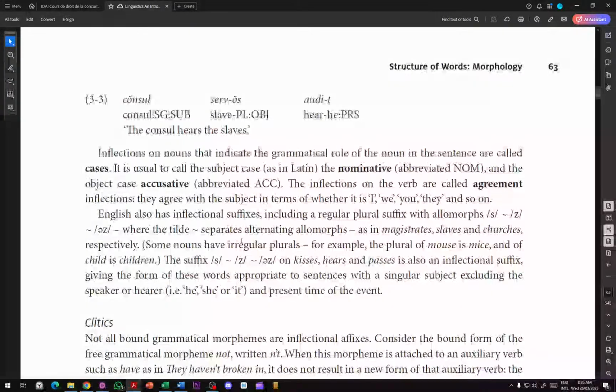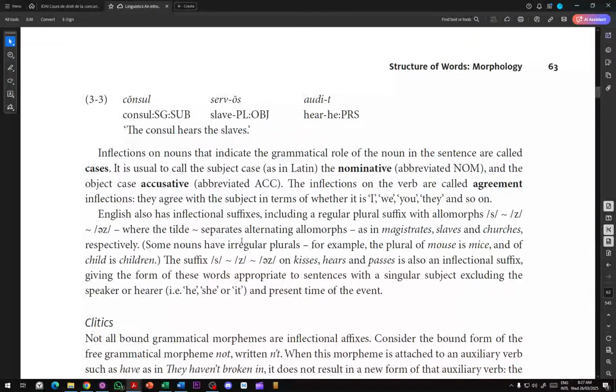Hears and passes is also an inflectional suffix giving the form of these words appropriate... Wait. These are not plurals.